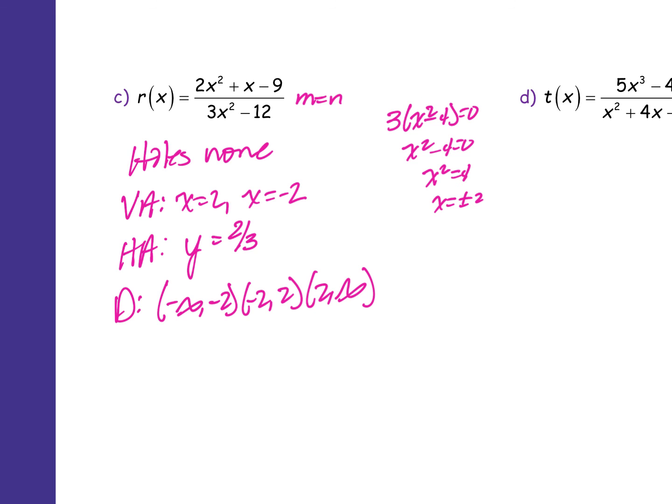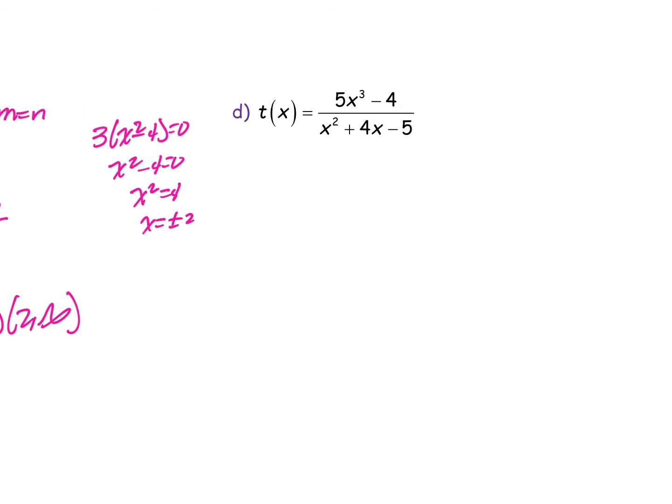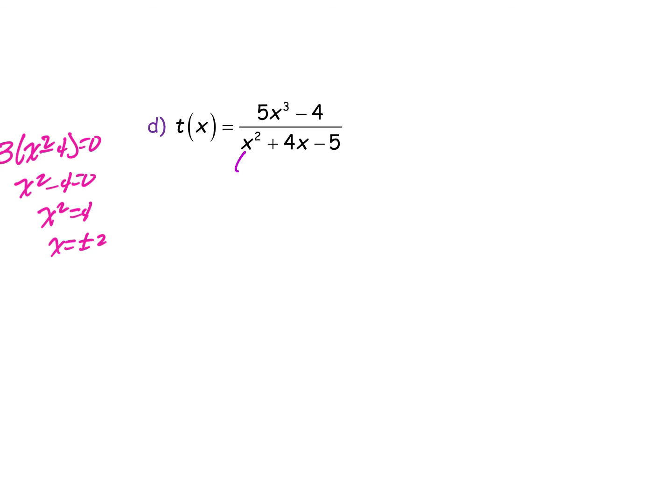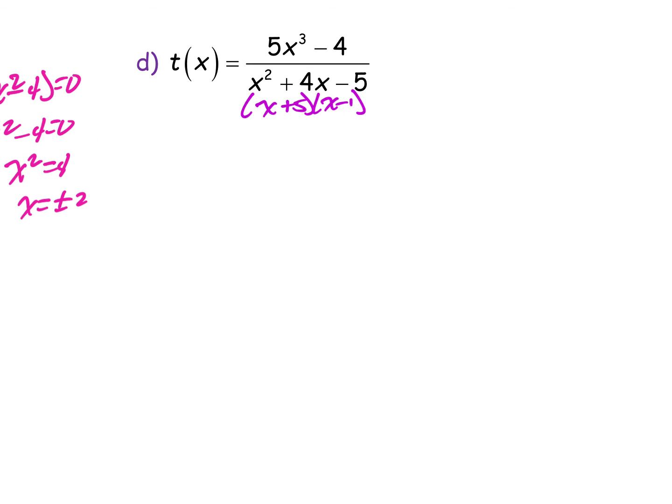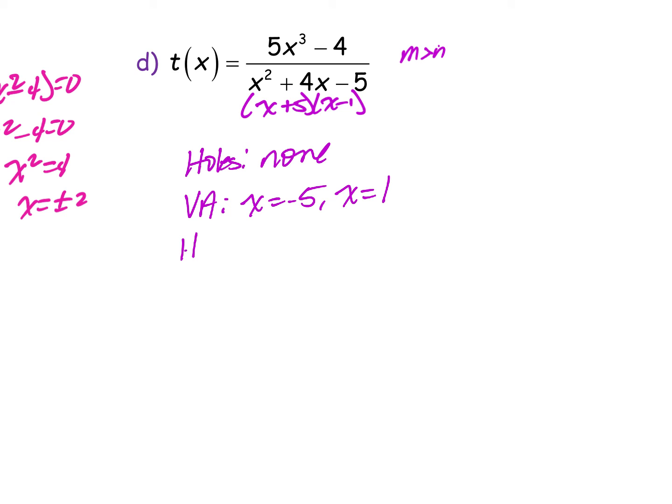And then the last one, I can't factor the top, but I factor the bottom to x plus 5 and x minus 1. Is that right? Yeah, that's right. So since I can't cancel anything out, there's no holes. My vertical asymptotes are x equals -5 and x equals 1. And M is greater than N, so for my horizontal asymptote, I need to divide.